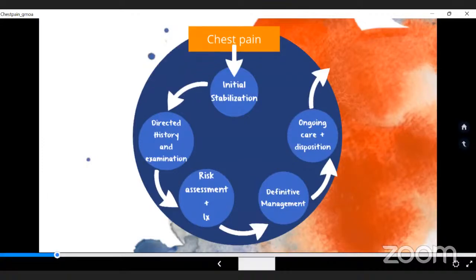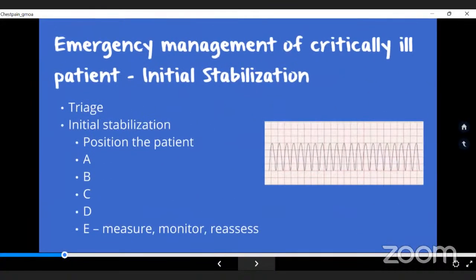Okay, initial stabilization. I think you are familiar that a patient coming with chest pain is itself a category 2 patient. When we triage them, that means the patient needs higher priority of assessment and treatment.